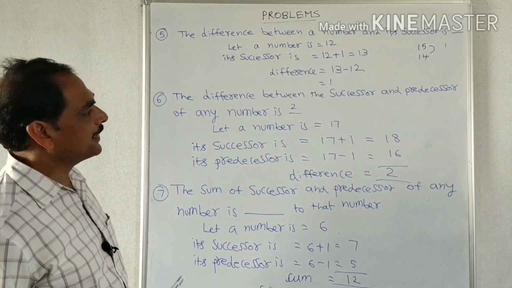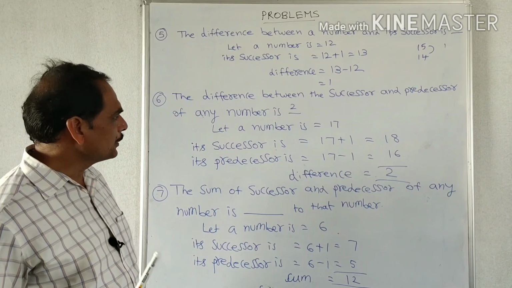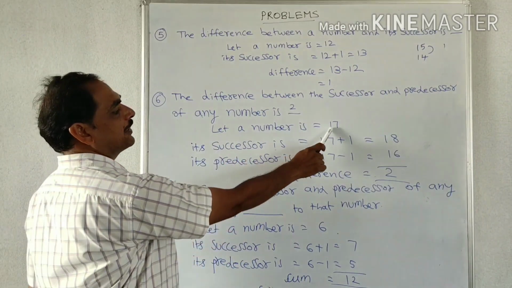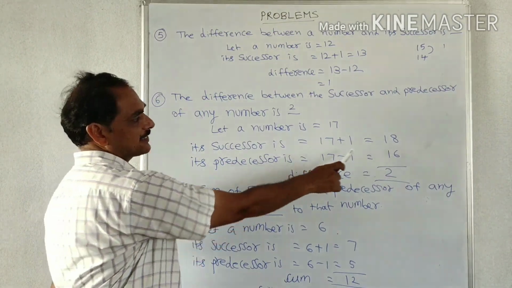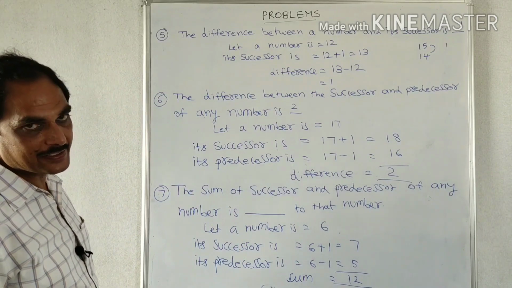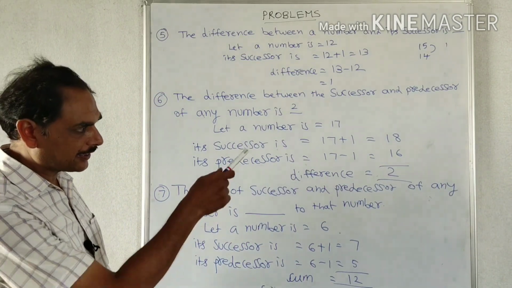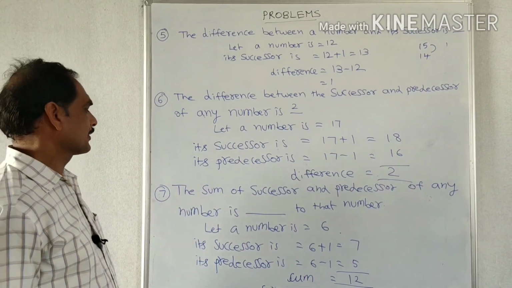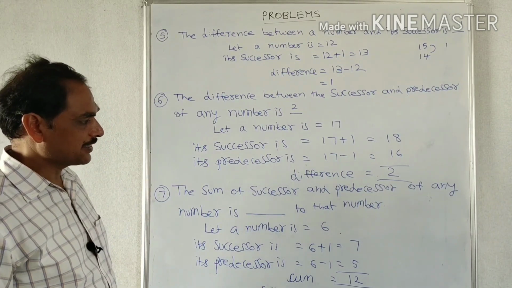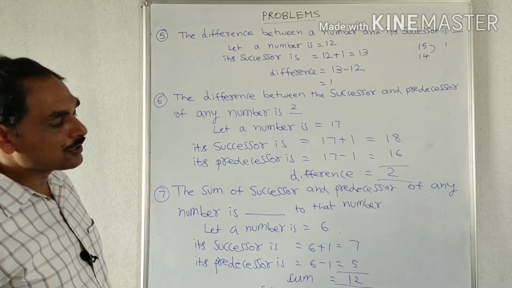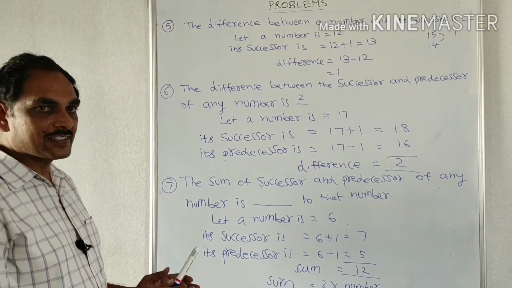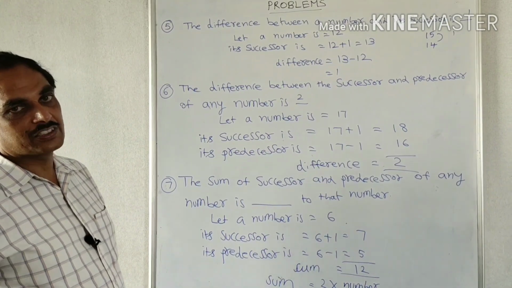Next, the difference between the successor and predecessor of any number is... Let us take a number 17. We find its successor 18 and its predecessor 16. The difference, subtracting 16 from 18, we get 2. The seventh: the sum of the successor and predecessor of any number is dash to that number. So, the relation between the sum of successor and predecessor and the number.